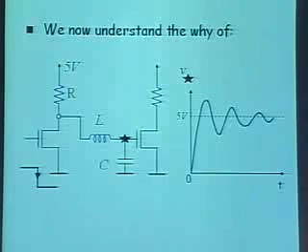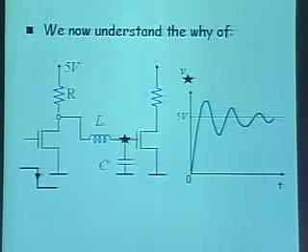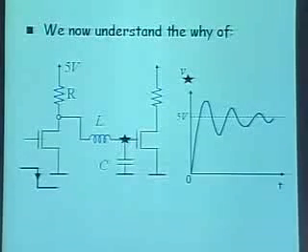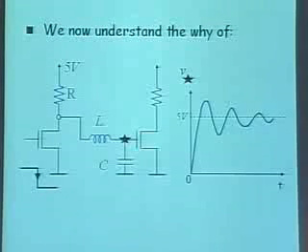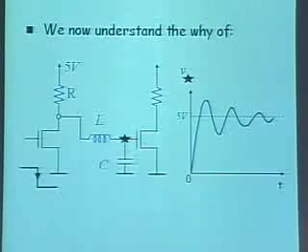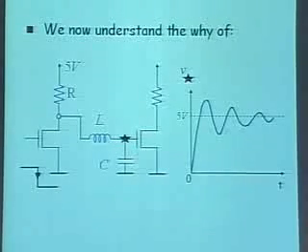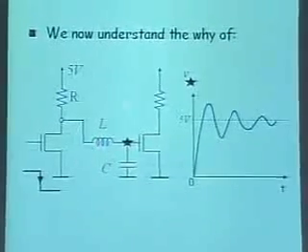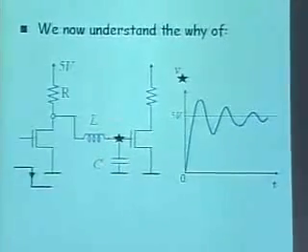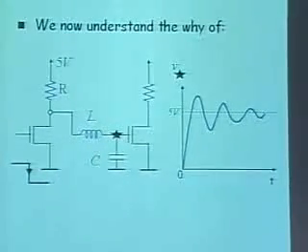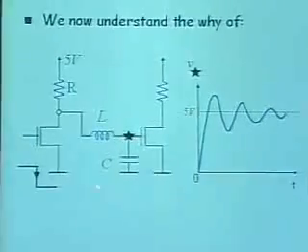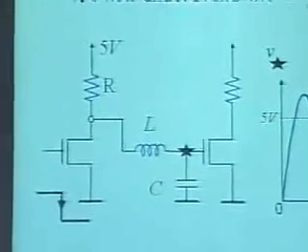Much like a pendulum, which oscillates back and forth, swapping energy between its potential energy and kinetic energy, in an LC circuit like this, energy swaps back and forth between the energy stored in the inductor and the energy stored in the capacitor, and sloshes back and forth.